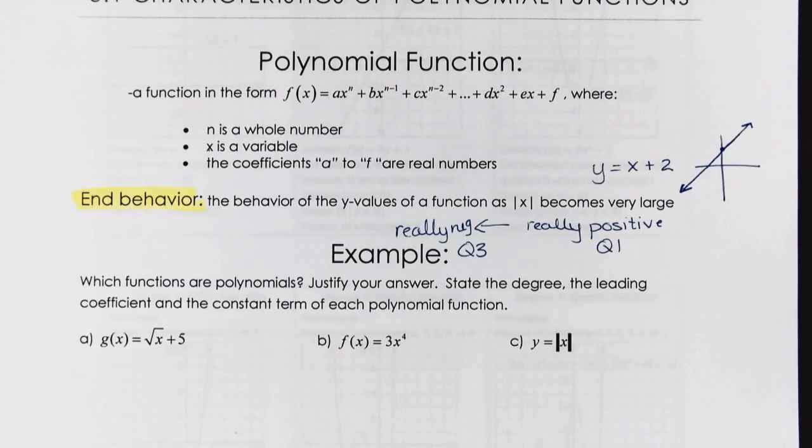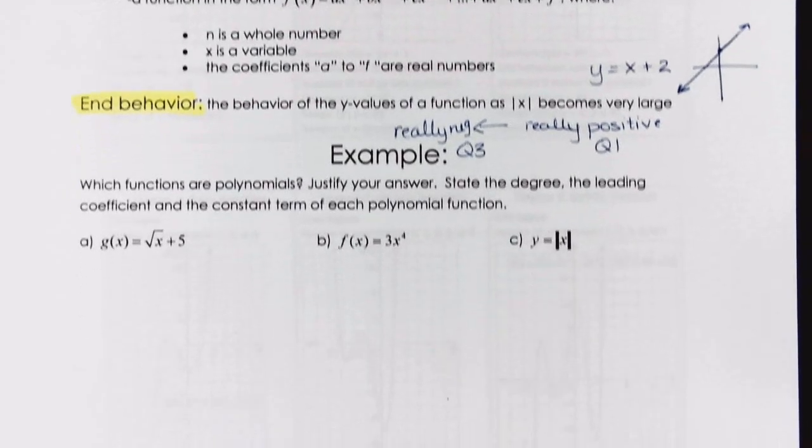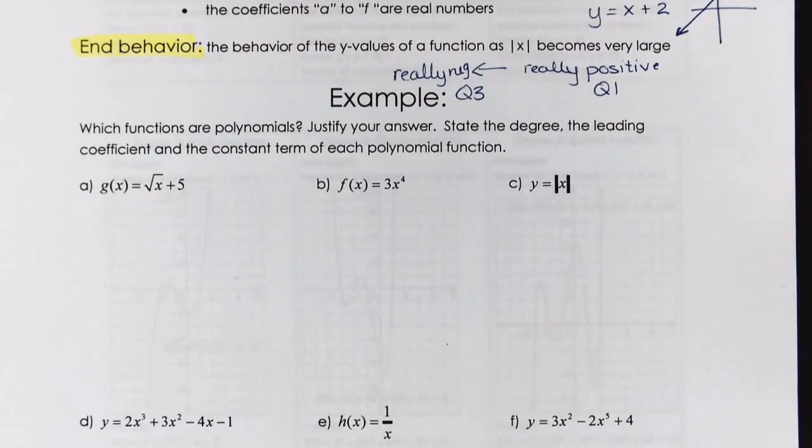Okay, let's look at this. Which functions are polynomials? Justify your answer. Okay, what does justify mean? Justify's on that board there. Peyton, you're the closest. Show reasons or give facts that support a... Anybody can finish that sentence?